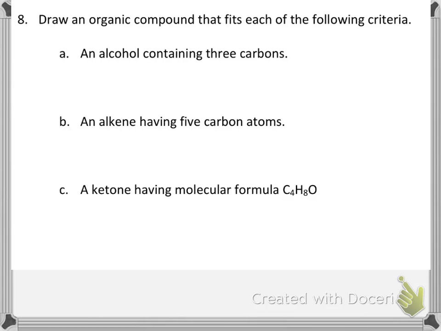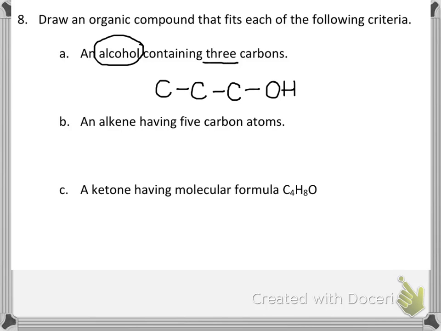So when I'm drawing these, I start with the functional group. So this is an alcohol. So I look up, and an alcohol is OH. And the OH is attached to an R, or carbons. Now in this example I need 3 carbons, so I would add 1, 2, 3. Now you might think, great, it's finished.